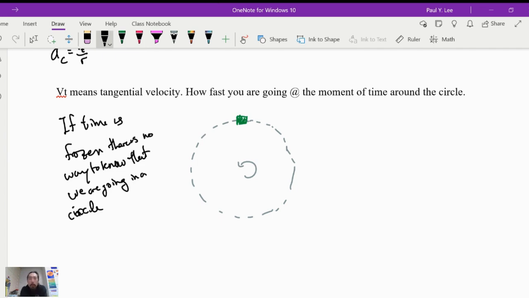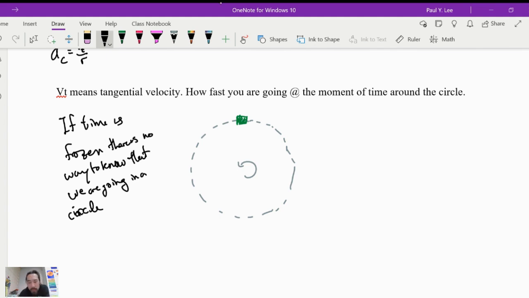Let's say we have a particle going around and around in a circle, but we freeze time, we push pause on time itself, and there's no dotted lines to show you the path that it's taking. There's no way that we actually know it's moving in a circle. But if I were to ask, are we moving, knowing that we were moving in a circle, you'll say, yes, of course we're moving.